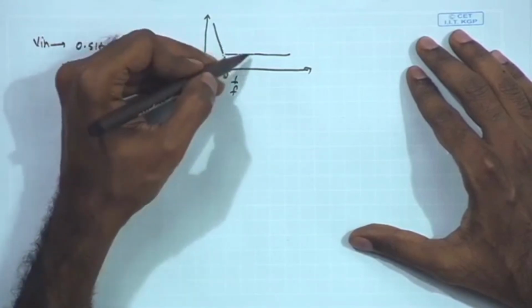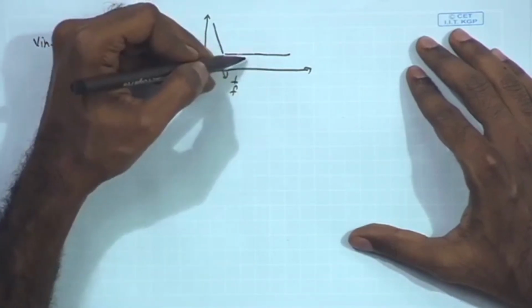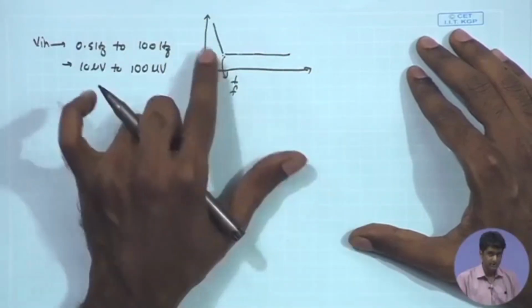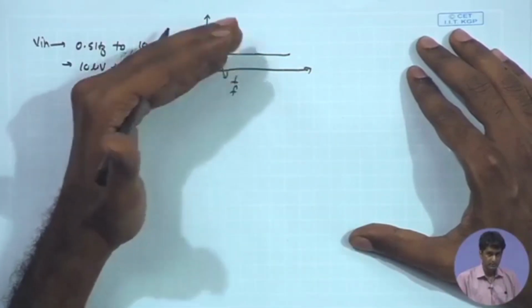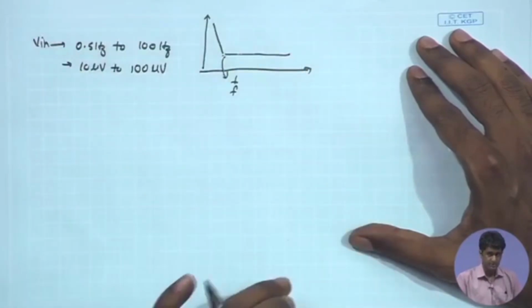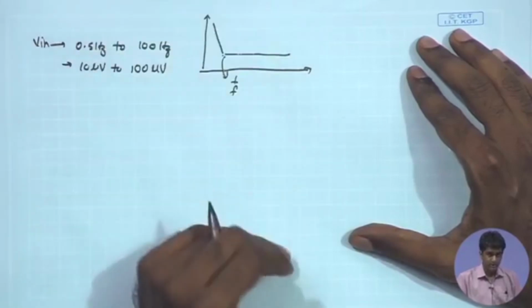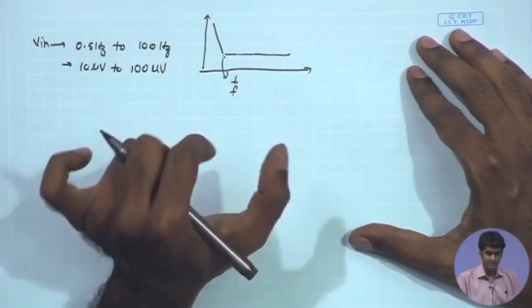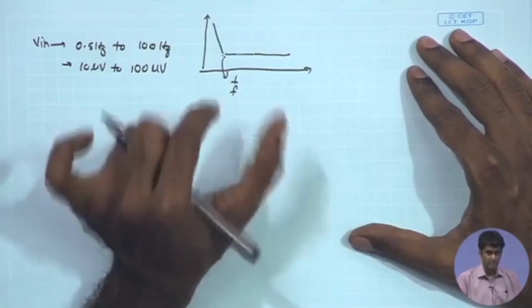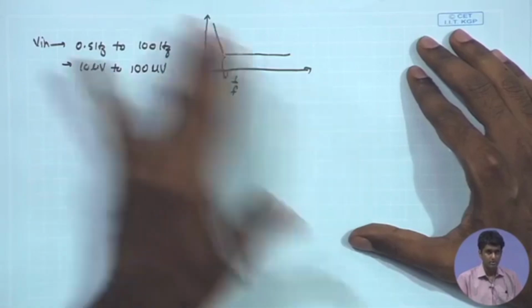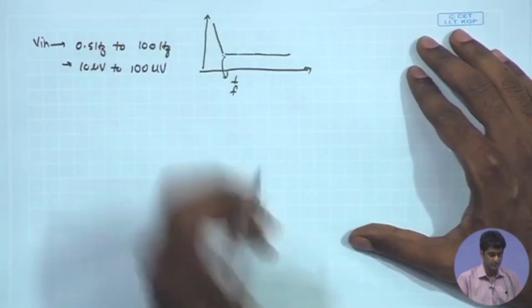So through design and analysis, we can of course try to push this 1/f corner frequency towards the lower side, and we have seen in the different amplifier topologies that we have discussed how the 1/f noise depends upon the transistor sizing, and of course the bias current. So one target can be that for a given bias current limit, for a given current budget in the circuit, you can try to push this 1/f noise corner to as low a frequency as possible.